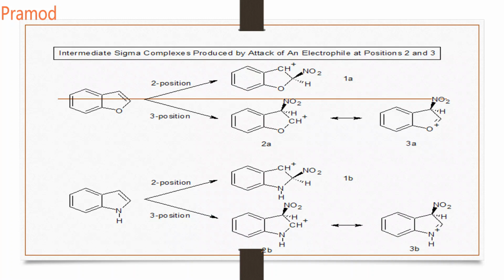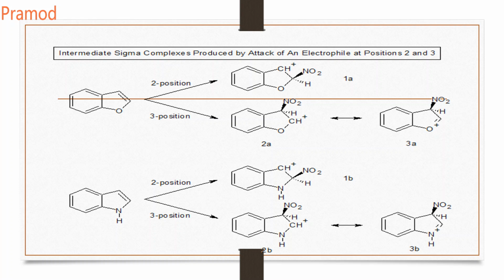Now let's go for the reactions. In the case of your benzofuran, the reaction is slightly different from that of your indole. Why? Let us see.